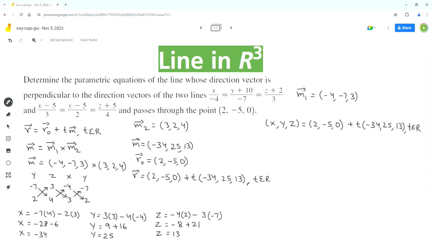Now we can write the x, y, and z equations. For the x equation, we'll use the x components of these three vectors and we'll multiply the components of the direction vector (-34, 25, 13) by t.